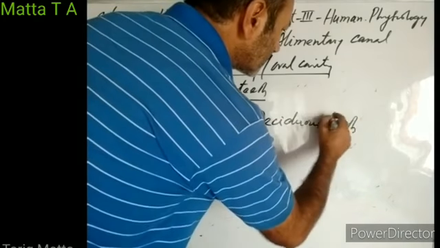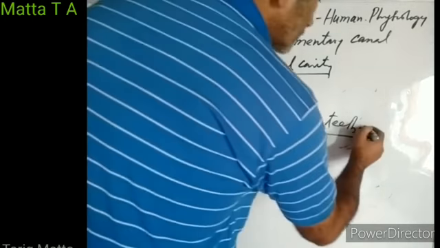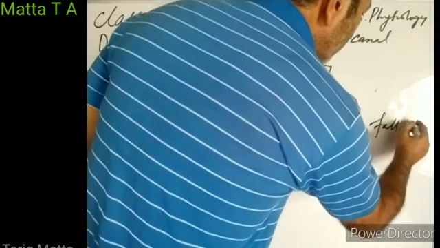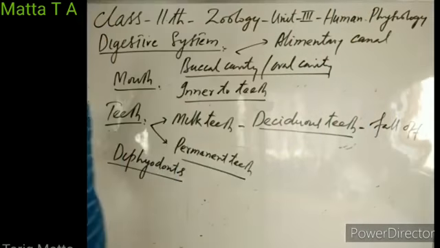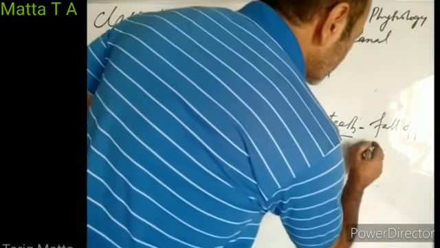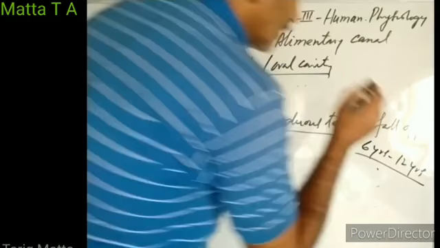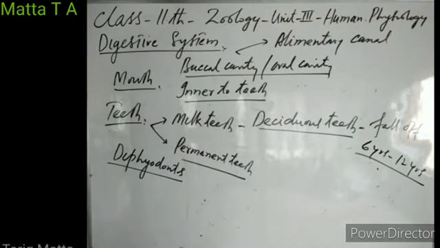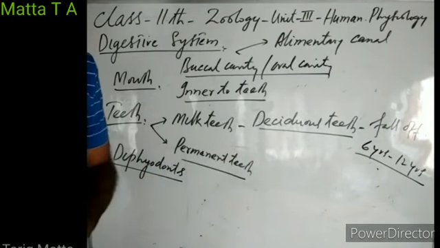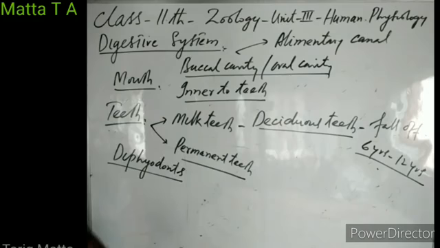Why do we call them deciduous teeth? Because they fall off. They are replaced by permanent teeth in the ages 6 years to 12 years of age. So they fall off. That is why we call them deciduous teeth.